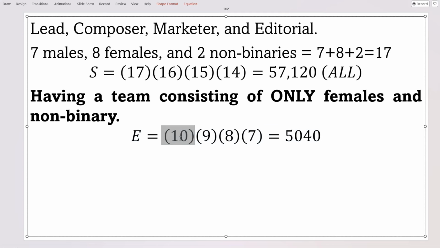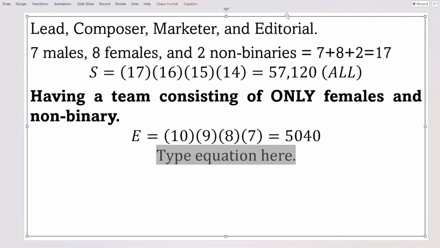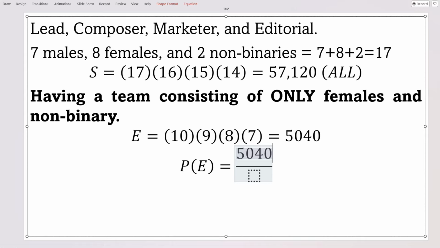So why did we begin at 10 again? We began at 10 because there are 8 females plus the 2 non-binaries, because we want a team that is composed of only females and non-binary. 8 plus 2, that's why we got 10. So to get the probability, again, we get the number of outcomes that we want divided by all the possible outcomes.